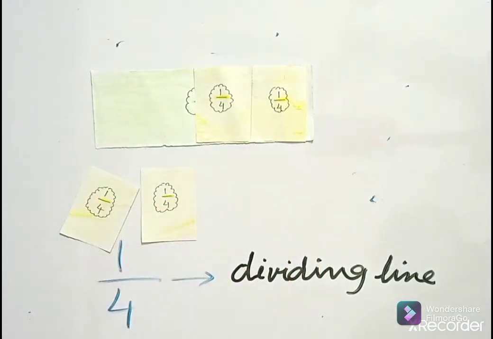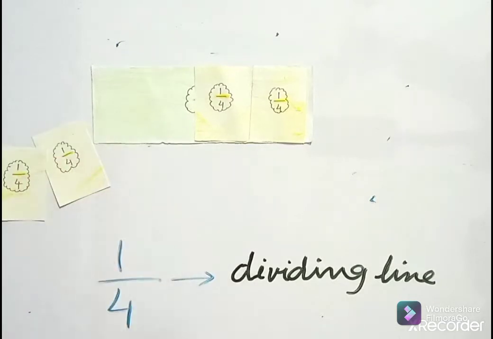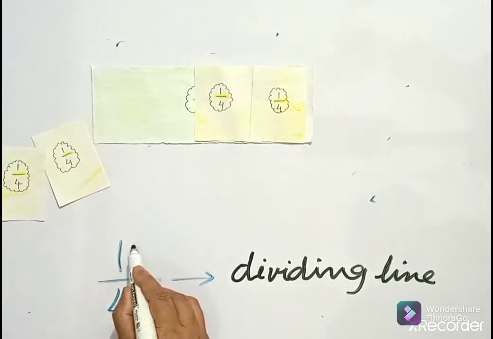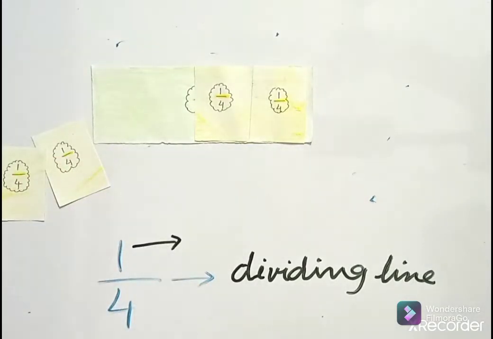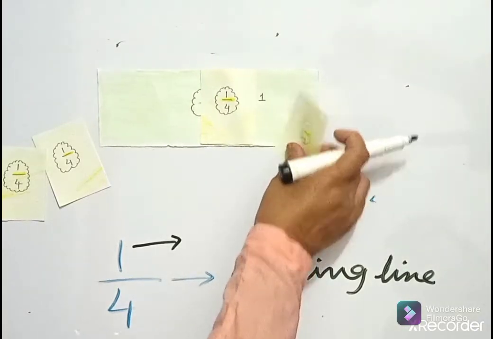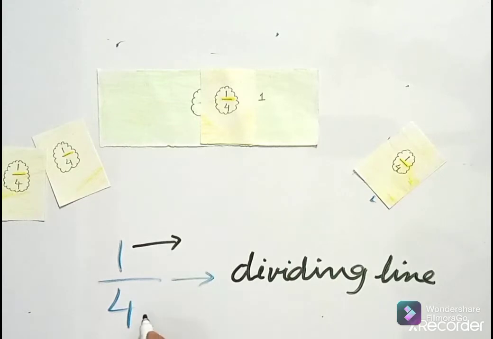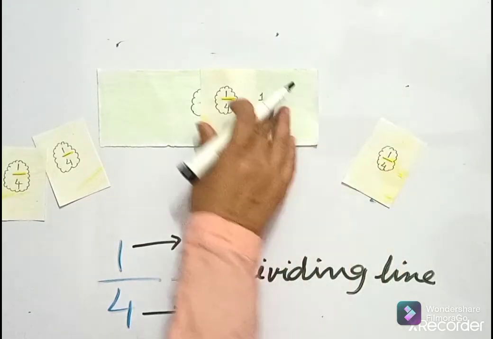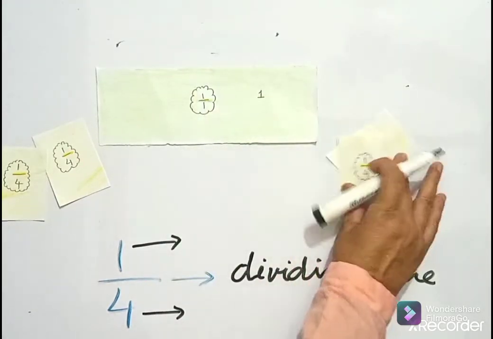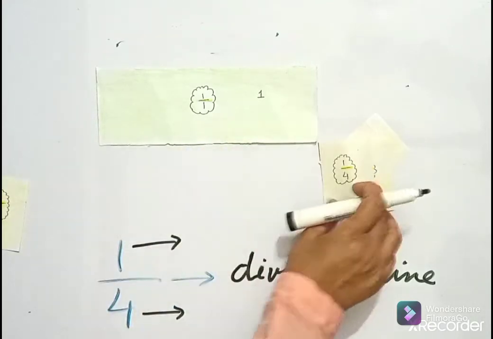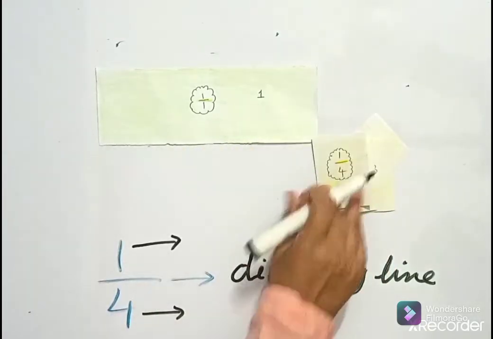Very good. So what is this one called? This is a part. This is one part out of 4 equal parts. And the total number of parts is 1, 2, 3 and 4.